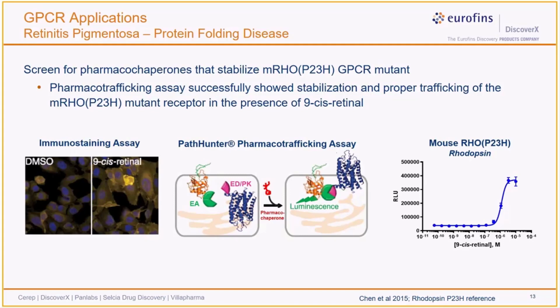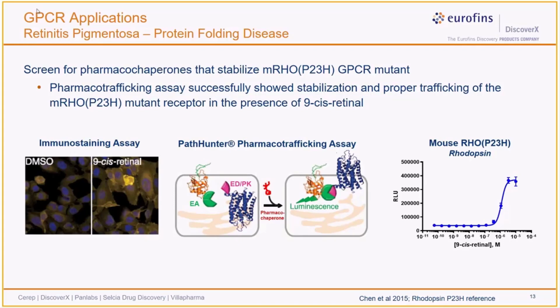But it's due to an inherent instability of the mutation, P23H, or proline to histidine. And it leads to enhanced degradation caused by this disease. So symptoms occur like loss of night vision or peripheral vision. And it first appears in children. And then they have severe problems typically as they develop in life, so in adulthood.